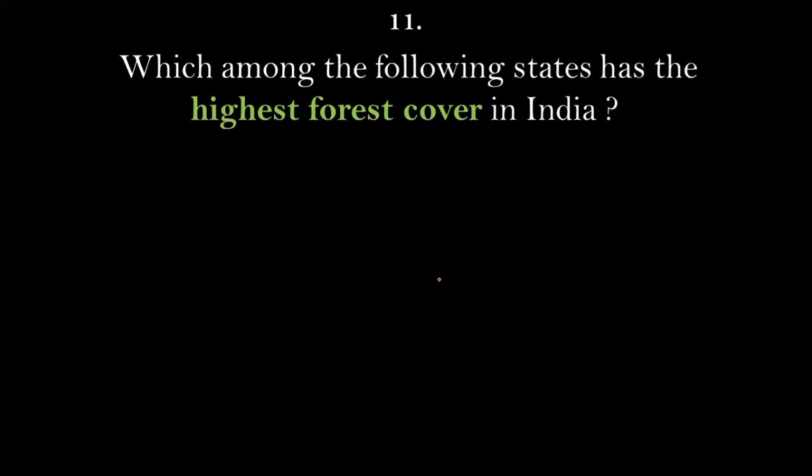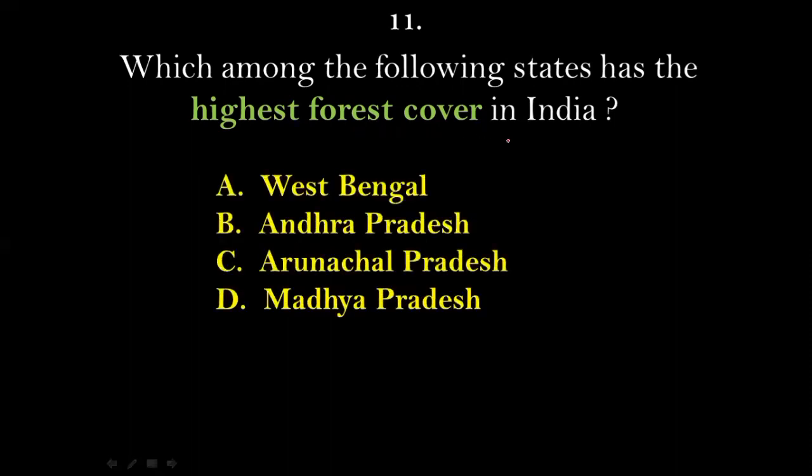Question number 11. Which among the following states has the highest forest cover in India? Options given here are West Bengal, Andhra Pradesh, Arunachal Pradesh, or Madhya Pradesh. And the right answer for this will be option number D, that is Madhya Pradesh.